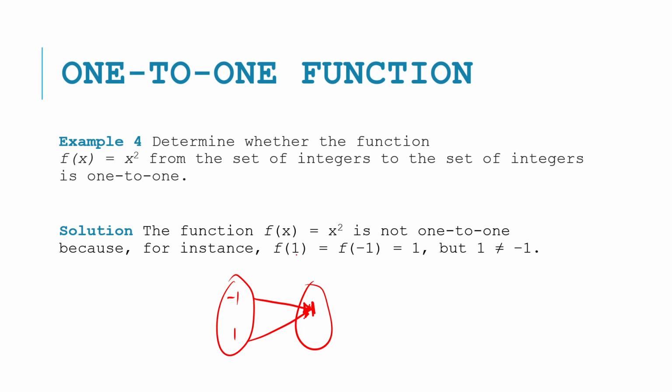Therefore, it is not one-to-one because our image of 1 has two pre-images, which are negative 1 and 1.